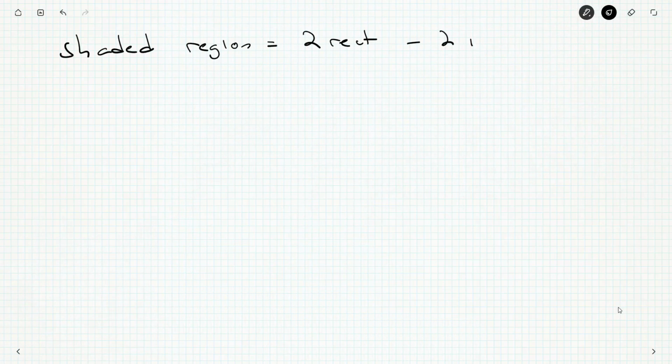And now, what was our plan of attack? Well, I mentioned earlier the shaded region is twice the rectangle minus twice the white area, the non-shaded area. Well, the rectangles are 12 by 18, and now we know the white area is 66 root 3.